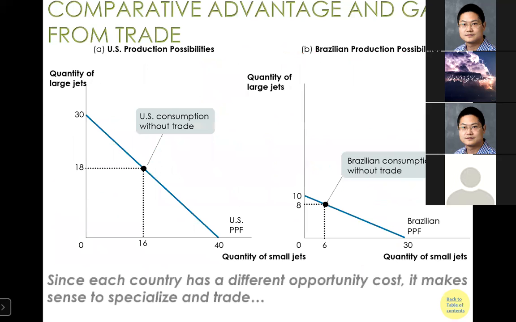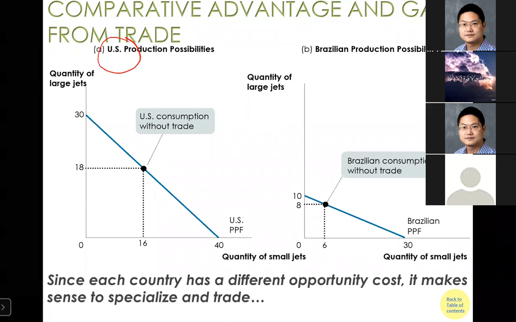Now with comparative advantage in hand, we are ready to look at how we can benefit from trade with each other. We are going to use a slightly different example, but the same idea. We still have two countries, or two potential trading partners.